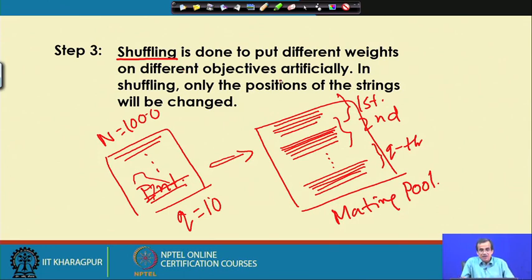If you remember the first approach, the weighted sum approach, we put different weights on different objectives, like W1, W2 and so on. Here, shuffling means we change the relative position of the solutions, just like shuffling of cards.